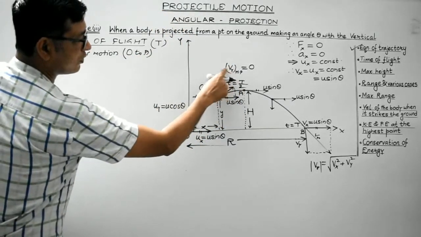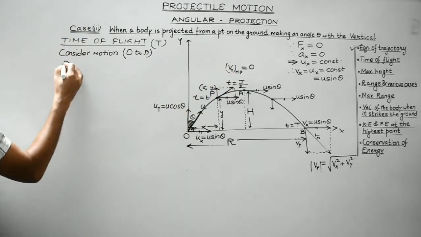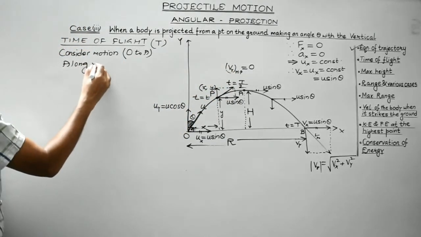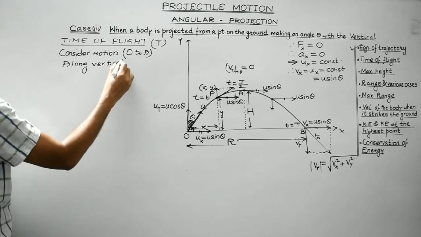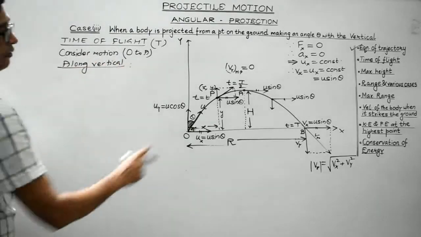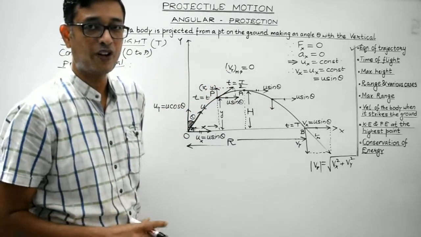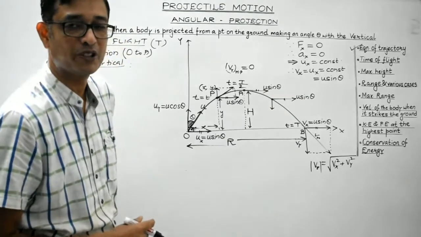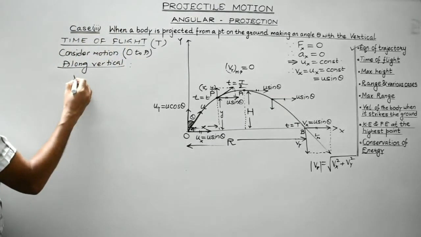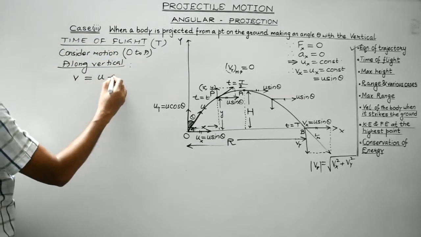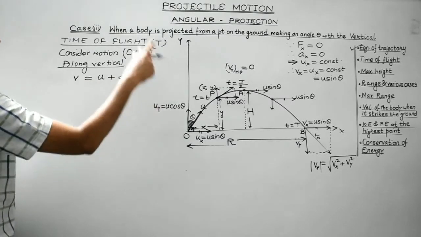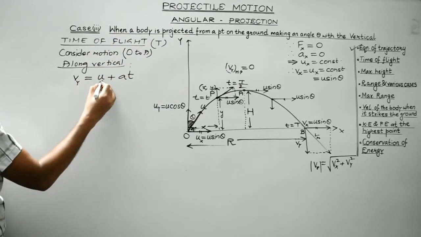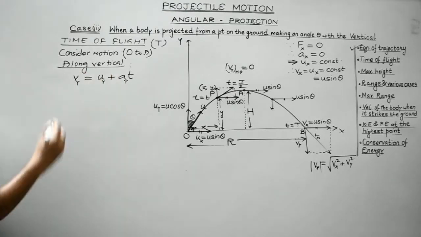And we need to make use of this fact along the vertical. So let's consider along vertical. Vy, time is to be found and velocity time relationship is to be used. So let's make use of the first equation of motion.